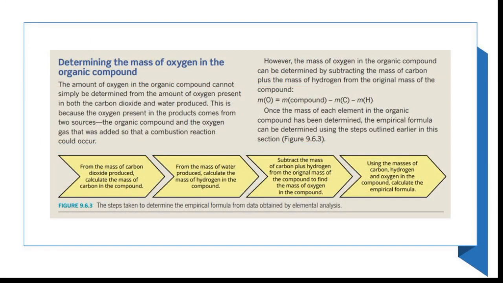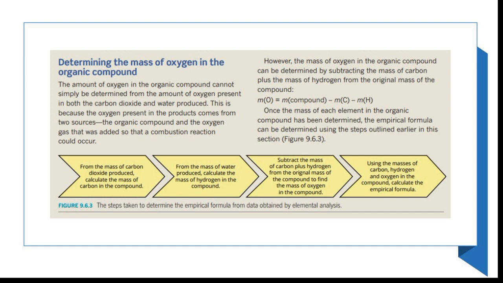If you look at this particular slide here, it's just telling you how to determine the mass of oxygen in the organic compound. So basically, once again, you have to find out the mass of each element within the organic compound. You can then calculate the number of moles. Once you have calculated the number of moles of each element, you divide by the simplest ratio.